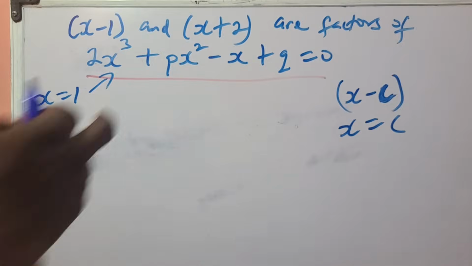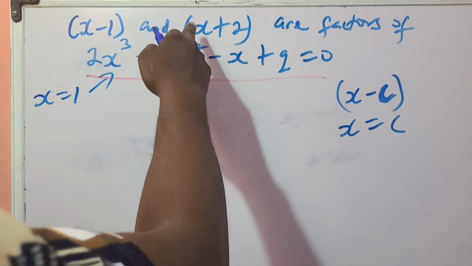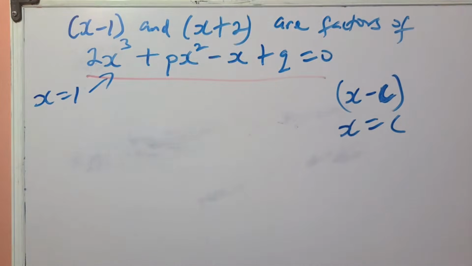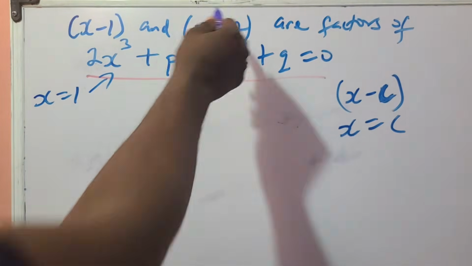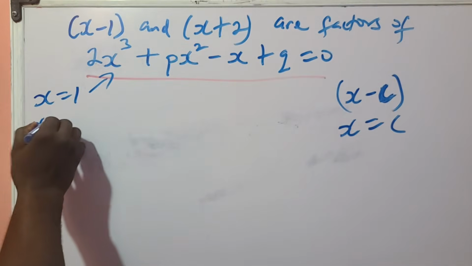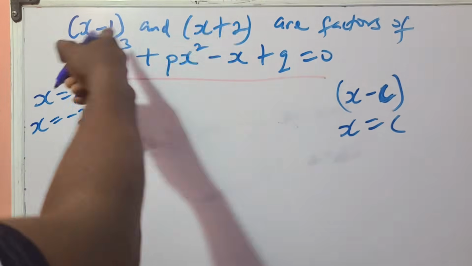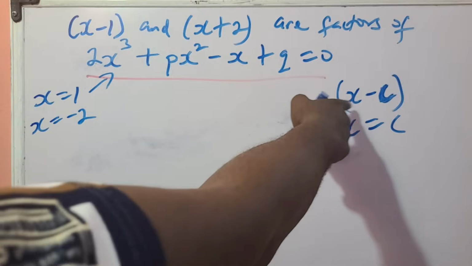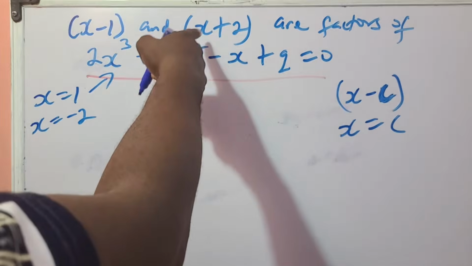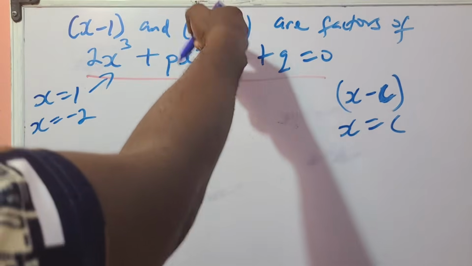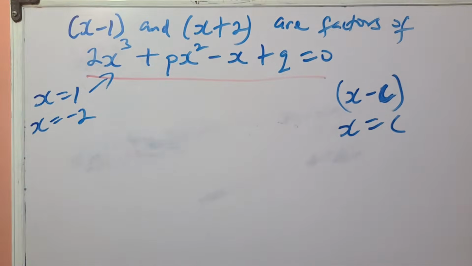The same thing goes for the other factor here. We are told that x plus 2 is a factor. That means if I put in x equals to minus 2, you can look at, the general law states x minus c. That means in the case where you had x plus 2, what you'll be fixing in will be minus 2. So if I fix x equals to minus 2 into this polynomial, I must get my answer to be 0. It's a theory under polynomial.